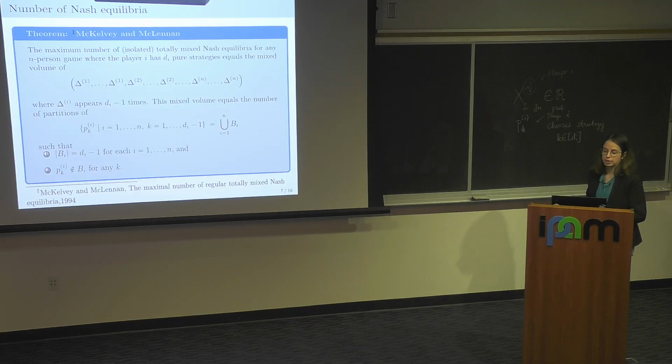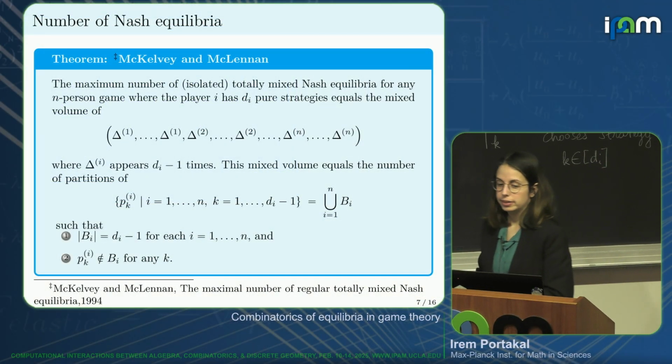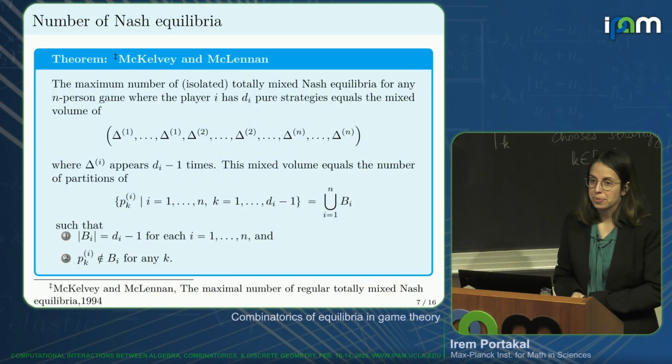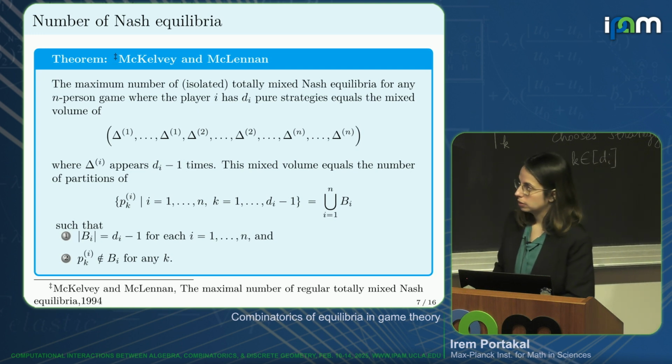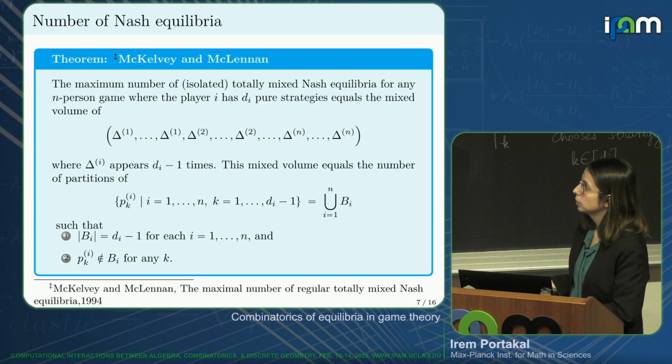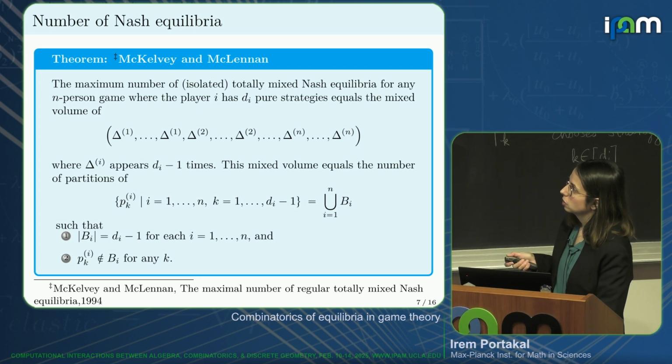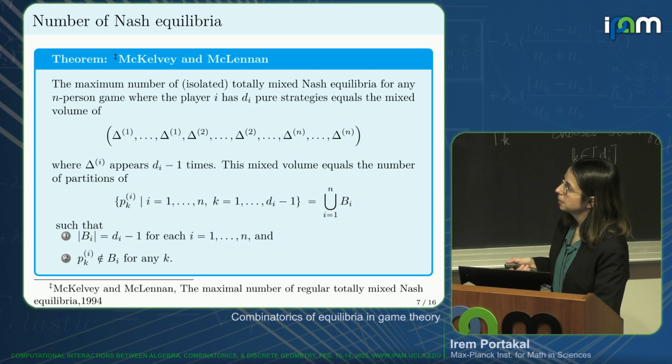Good, so that was already done. So finding an upper bound for the number of such equilibria, which we will call totally mixed ones, these are just the strictly positive probabilities, can be given by computing this mixed volume, and this has a very nice combinatorial description.